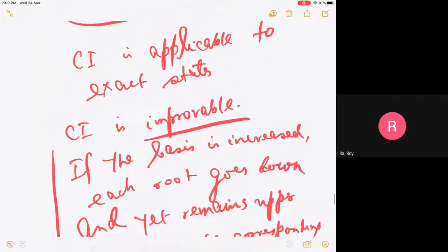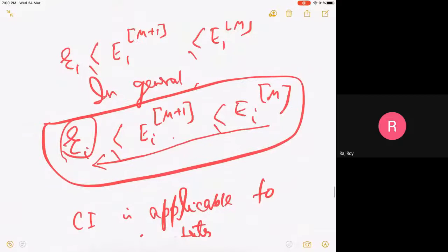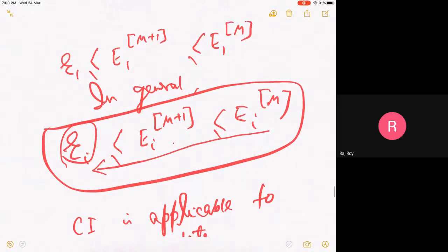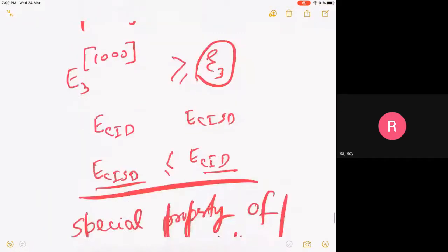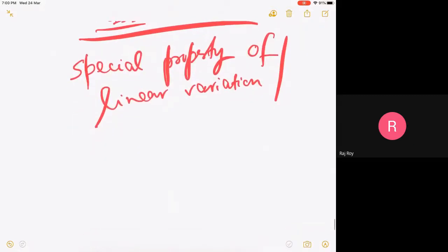If you increase the number of functions, the energy will go down, but the fact that it remains greater than its own corresponding exact state is not true. They will only have a Rayleigh-Ritz upper bound, which means they will all be greater than the exact ground state. But in the case of CI, all excited states have a bound.